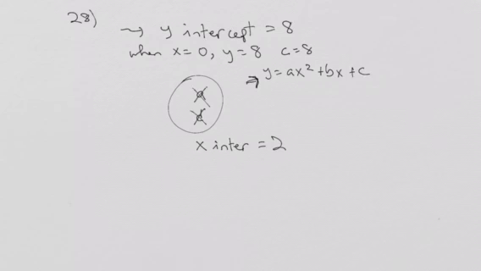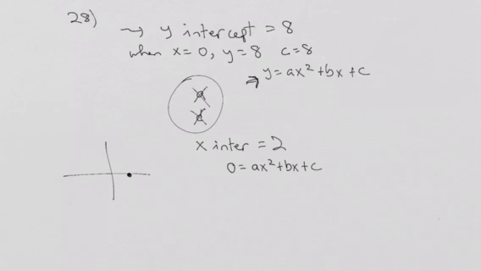If your x-intercept is 2, what is that saying? That is saying that our equation should be 0 equals ax squared plus bx plus c. It has an x-intercept at 2, so we should have y equals 0 at 2.